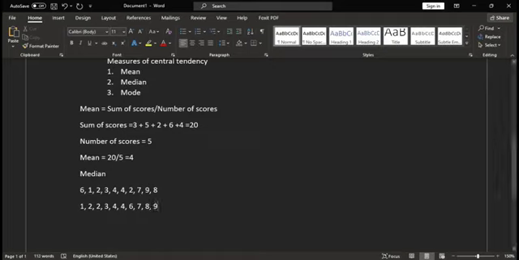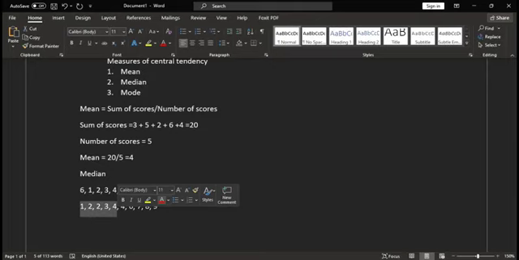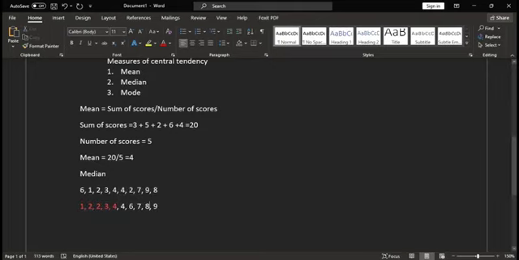So looking at those numbers, we have 1, 2, 3, 4, 5, 6, 7, 8, 9, 10. We have 10 numbers. That means 5 to the left and 5 to the right. Okay, you see 1, 2, 3, 4, 5. From this first one to this is 5. These are 5. And then we have 1, 2, 3, 4, 5.